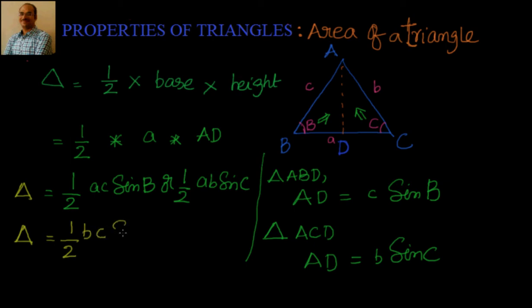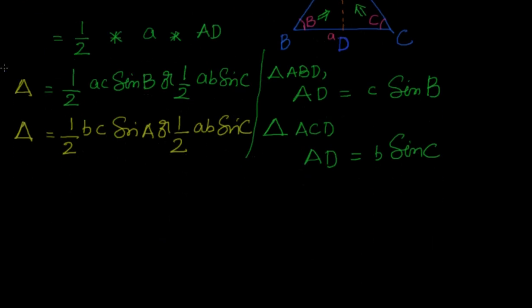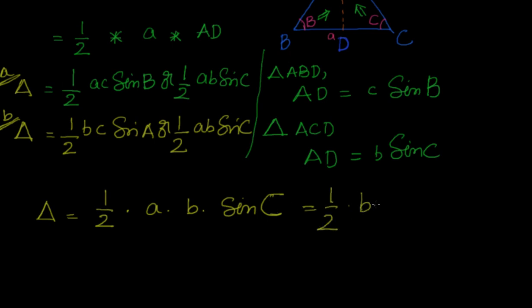Combining them, delta is equal to half into two sides a and b and the sine of the angle between them, which is always the opposite angle C, and also equal to half of b into c into sine of angle A, and also half of c into a into sine of angle B.